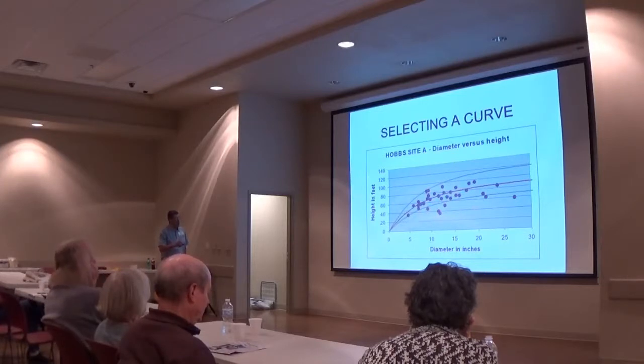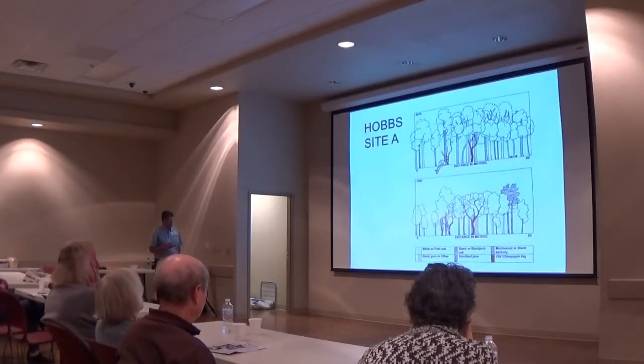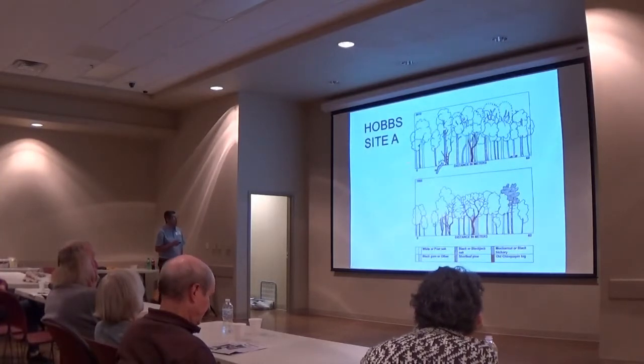There are some outliers here, but we expect that because there's been an ice storm that's knocked the tops off a lot of trees. So the conclusion is that this curvature describes the height versus diameter growth for the trees in this local forest. So here's what came of it.